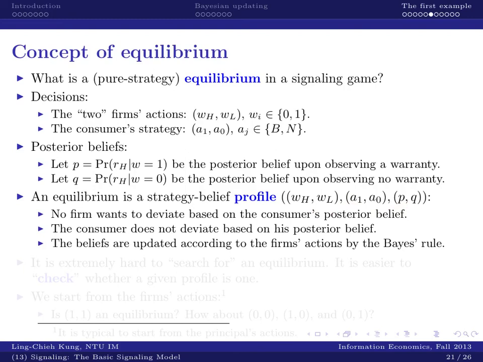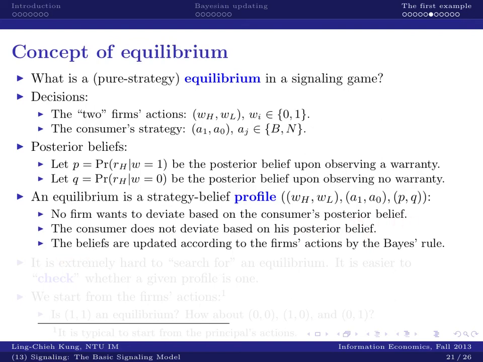This collection is an equilibrium if the following three things are true. First, no firm wants to deviate according to the consumer's posterior belief. Second, the consumer does not want to deviate according to his posterior belief. And finally, the beliefs are not given.